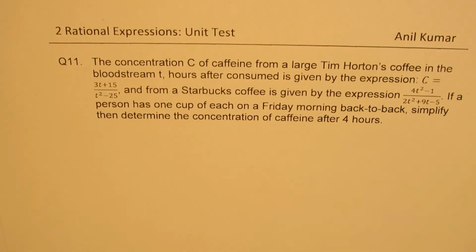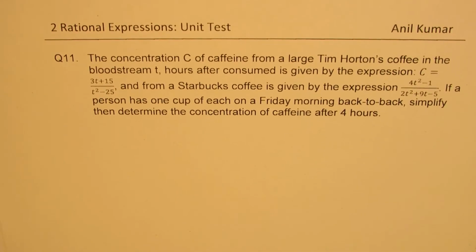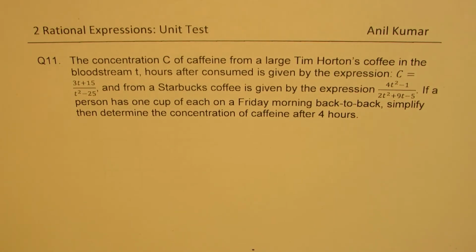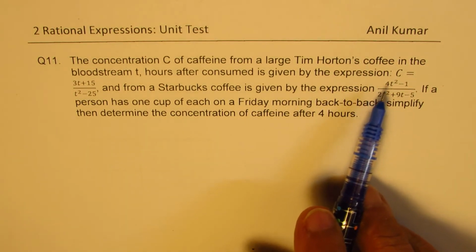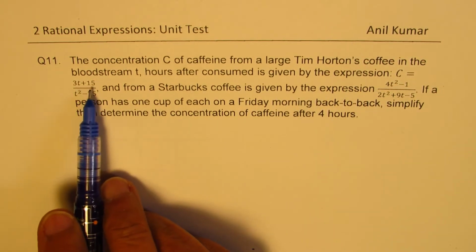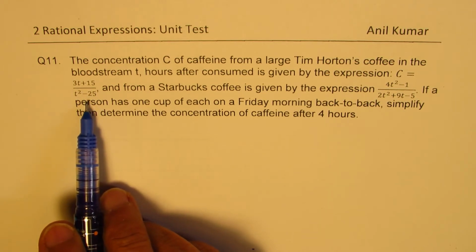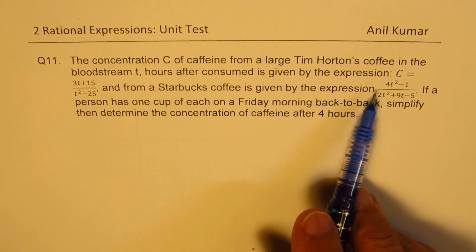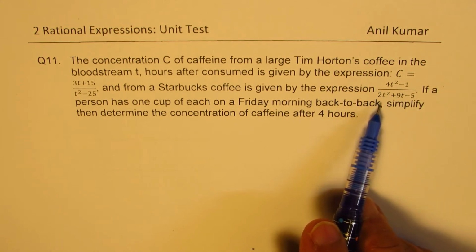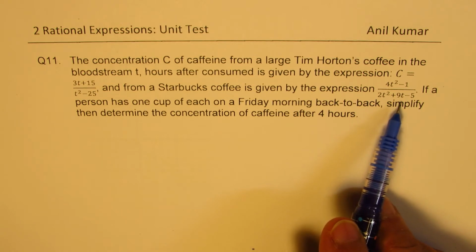Now, question number 11. Here's another very interesting test question. I'd like you to pause the video, answer this question, and then look into my suggestions. The concentration C of caffeine from a large Tim Hortons coffee in the bloodstream t hours after consumed is given by the expression C equals 3t plus 15 over t square minus 25, and from a Starbucks coffee is given by the expression 4t square minus 1 over 2t square plus 9t minus 5.